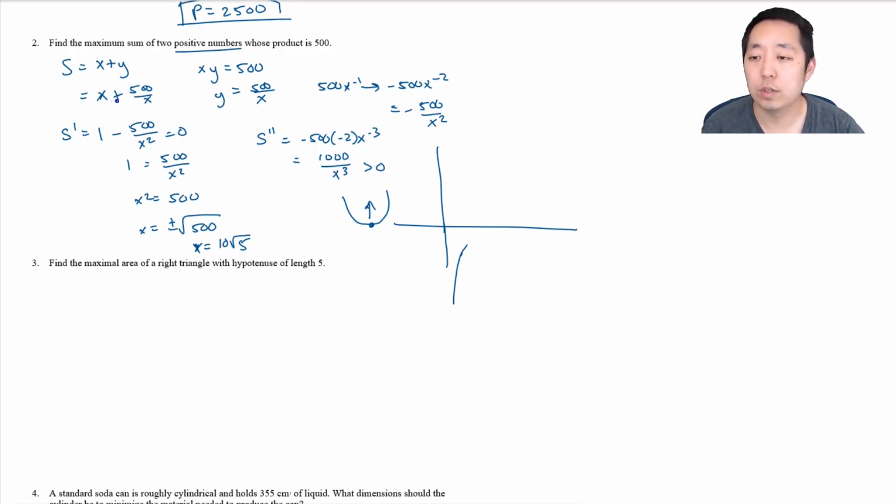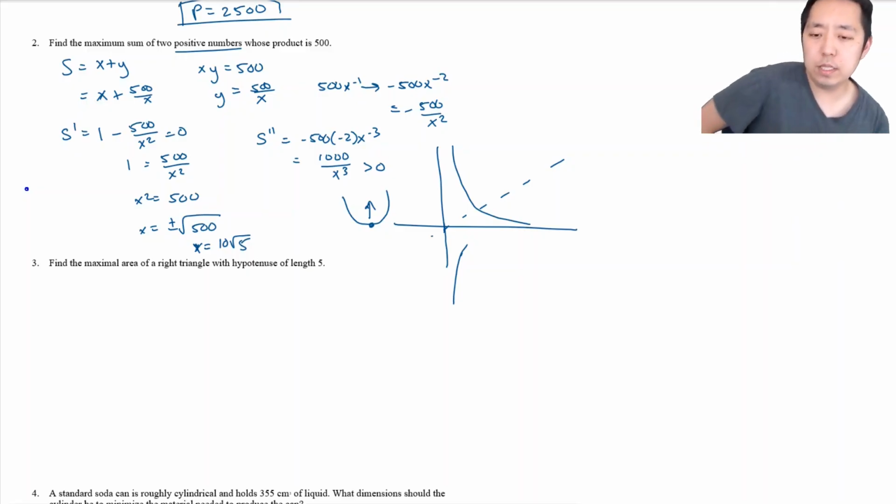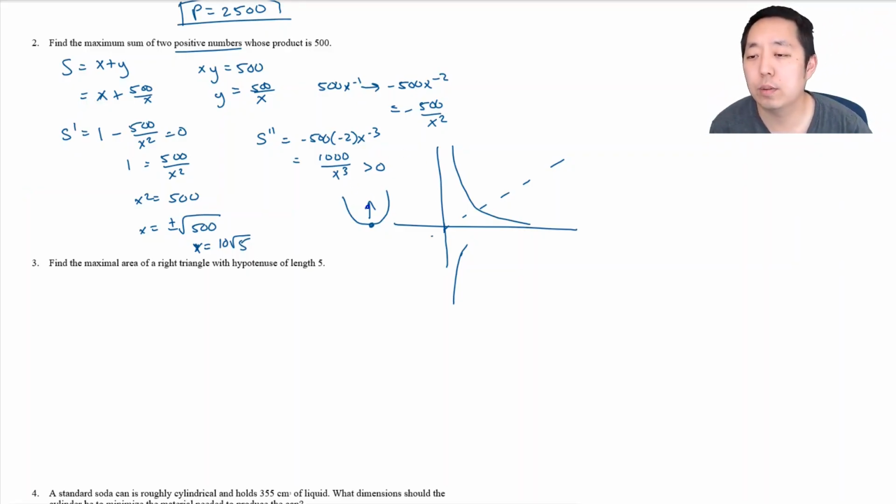Oh, this function, it's x, a line, plus this. I'm trying to just get an idea of what kind of curve I'm looking at. But there doesn't appear to be a maximum because of the way the first derivative.